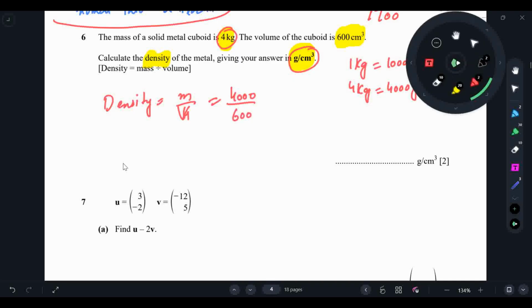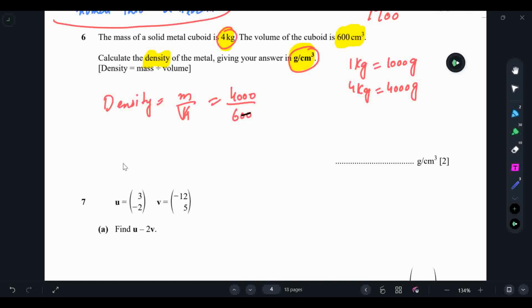So if we simplify it, we can cancel out these two zeros. The answer will be 40 by 6. And if we further simplify it, this will be 2 twenties and 2 threes. So 20 divided by 3 will be the final answer. But on a safer side, we will convert it into a mixed fraction also.